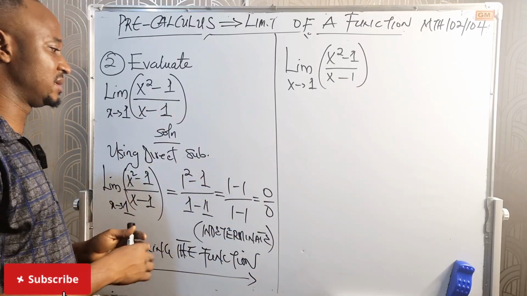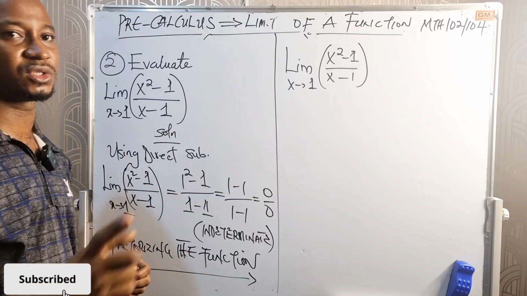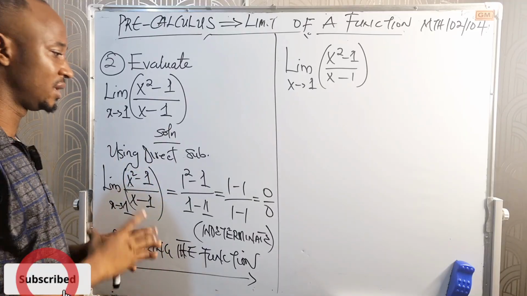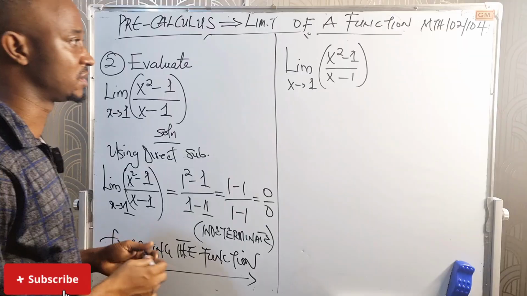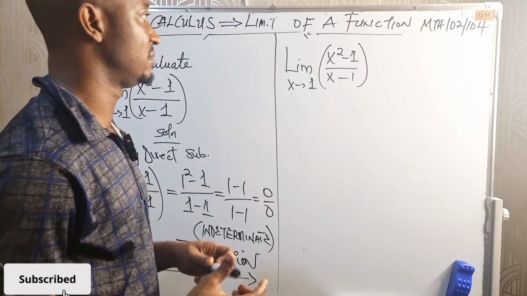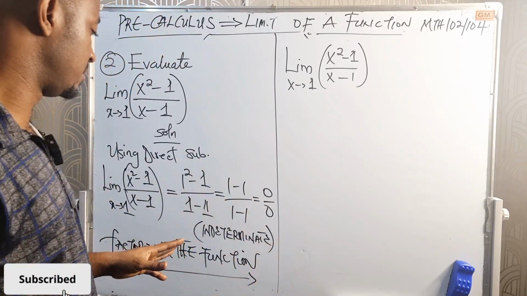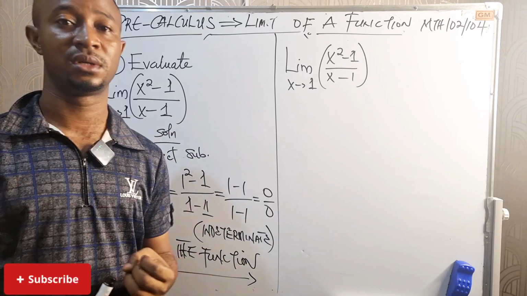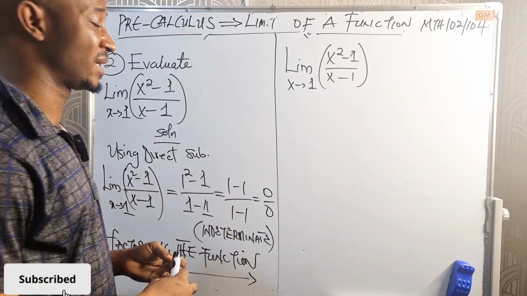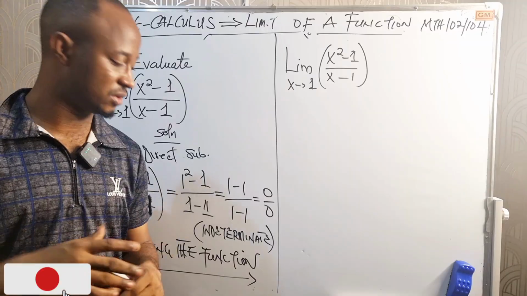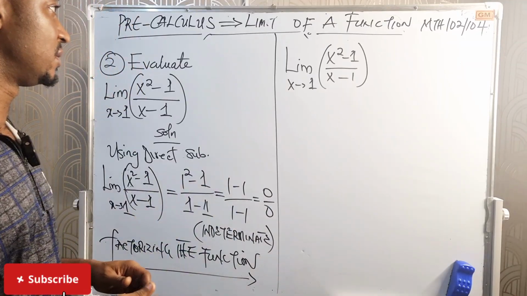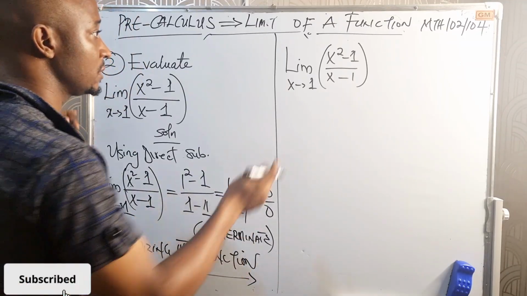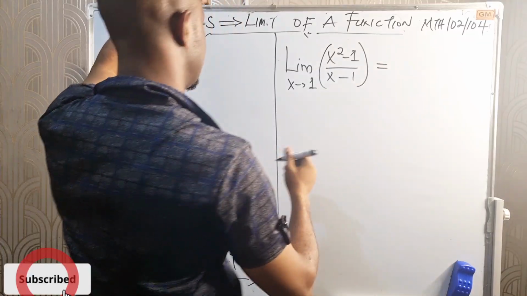But except you have a polynomial function, you can just do direct substitution. Are you there? So as long as there is a polynomial function, like a linear function, cubic function, or quadratic function, just do direct substitution. Are we there?